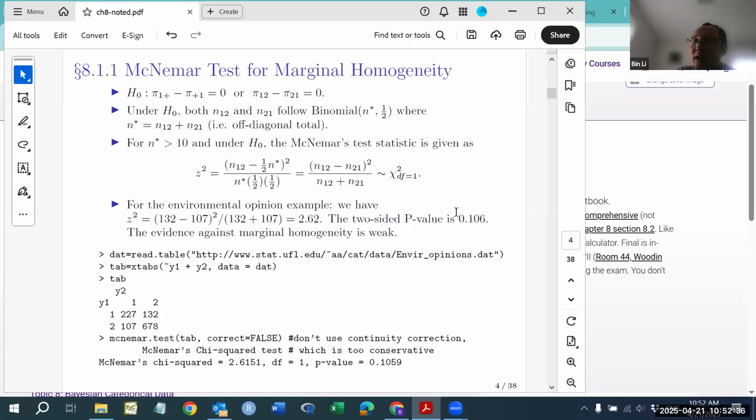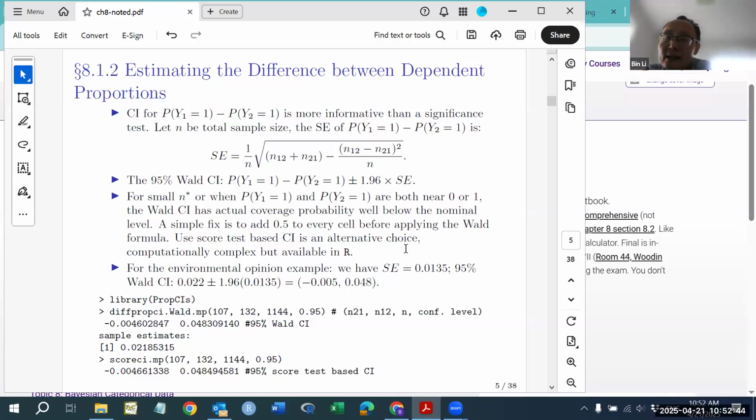So that's the McNemar test for testing the marginal homogeneity. And sometimes we don't just focus on the hypothesis test, we also would like to use the confidence interval, because the confidence interval is more informative than a significance test.